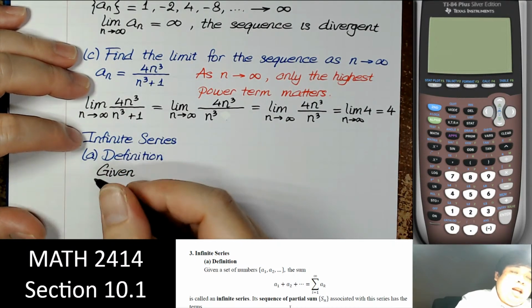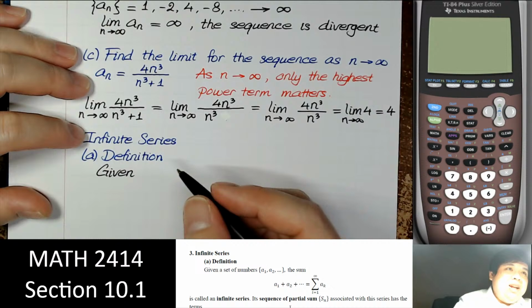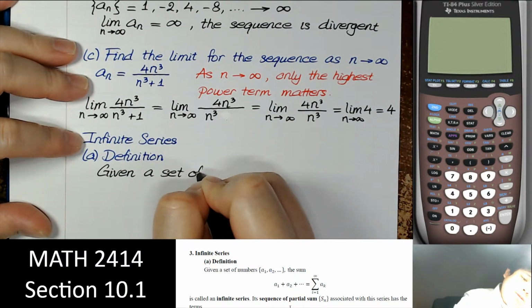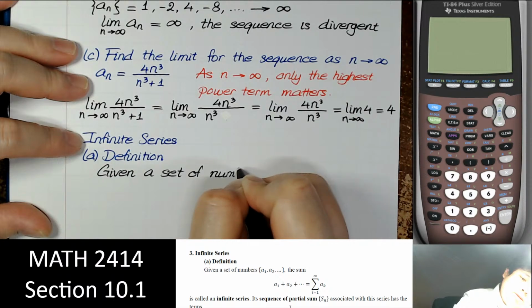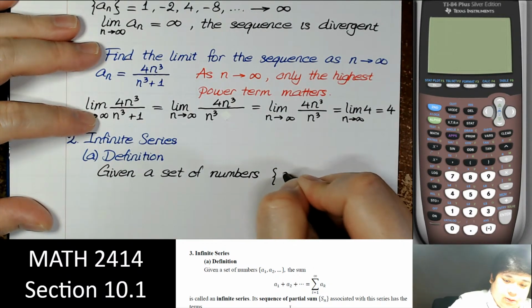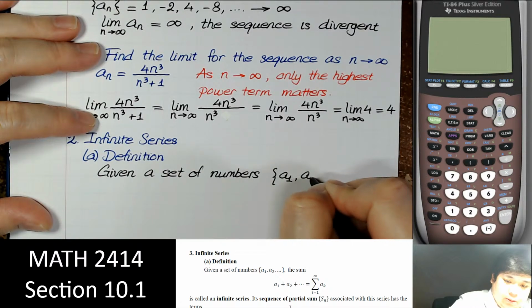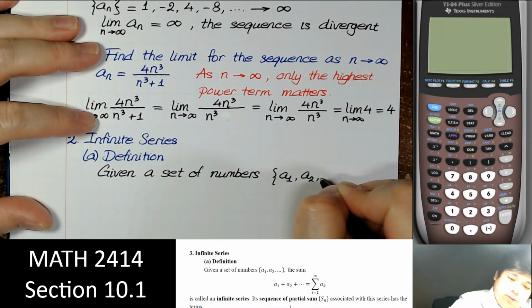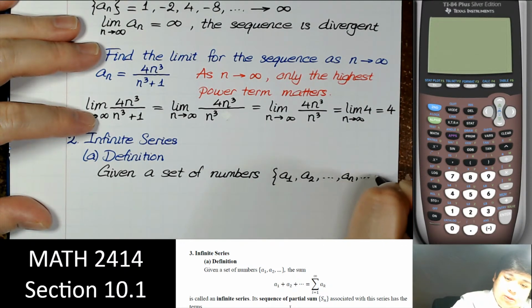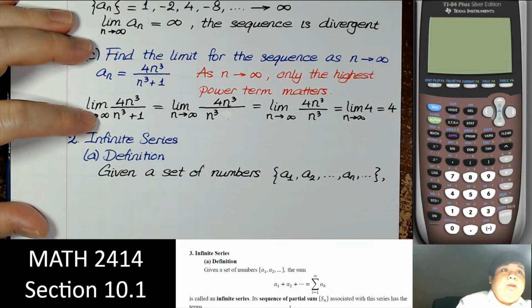Now given a set of numbers, or we mean a sequence, we have the list of numbers.